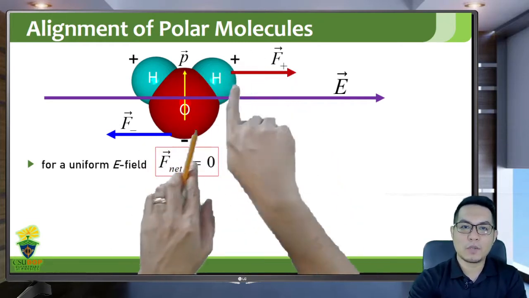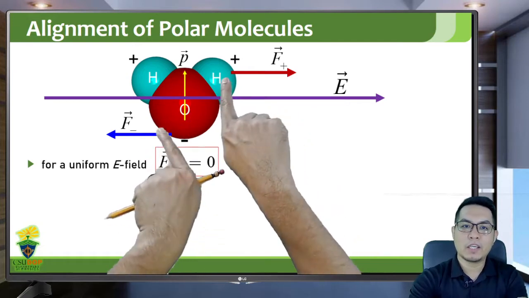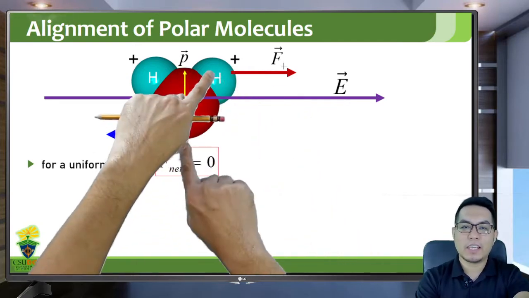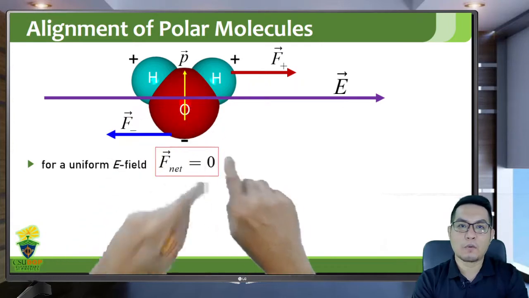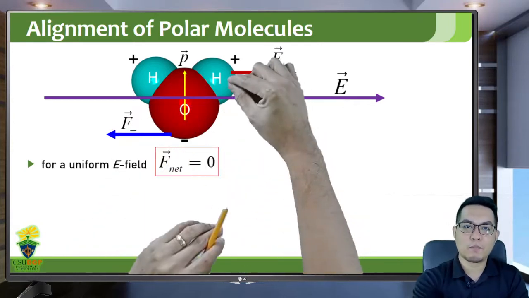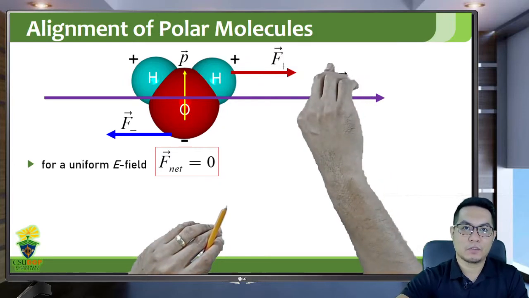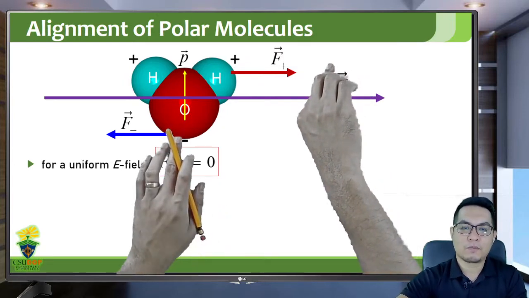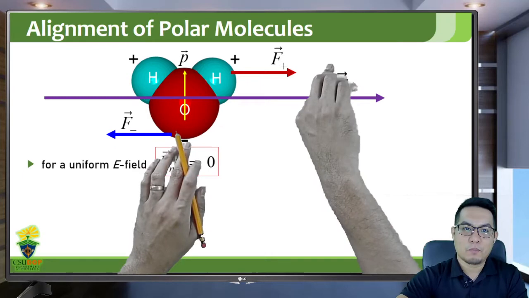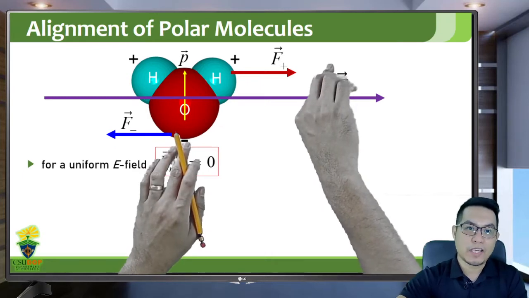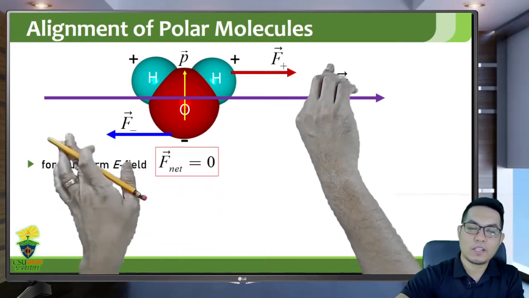This will make the molecule rotate in the clockwise direction, because there's a force pulling its head to the right, and a force pulling its tail to the left.